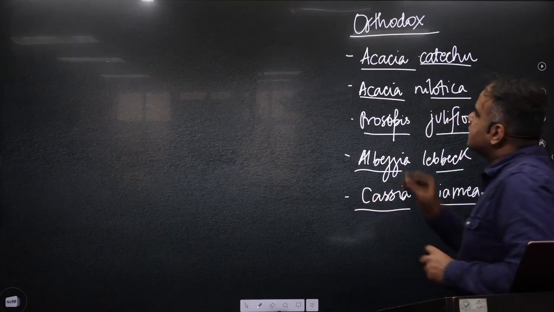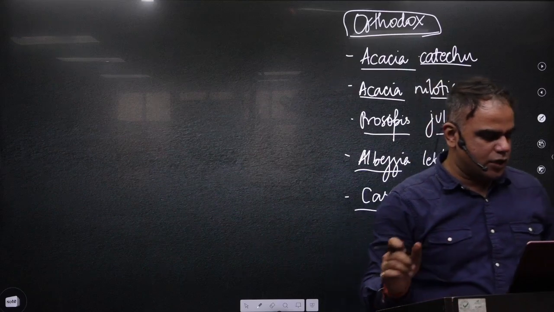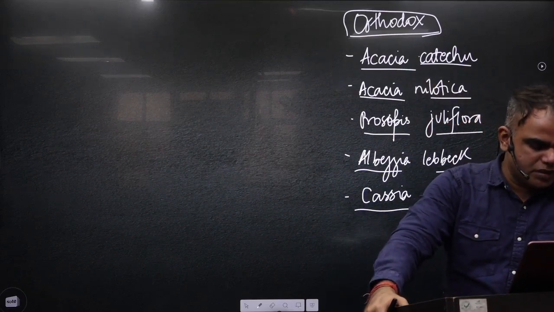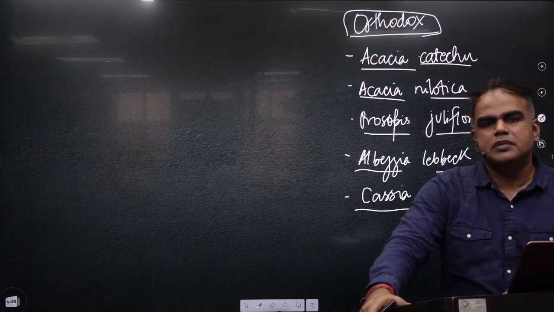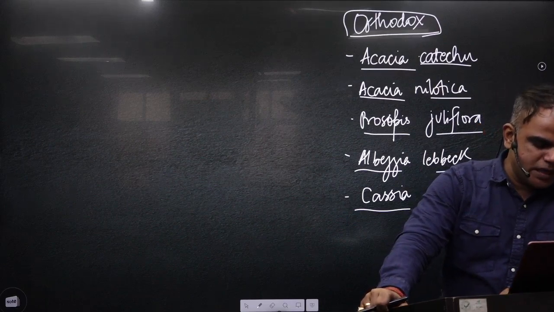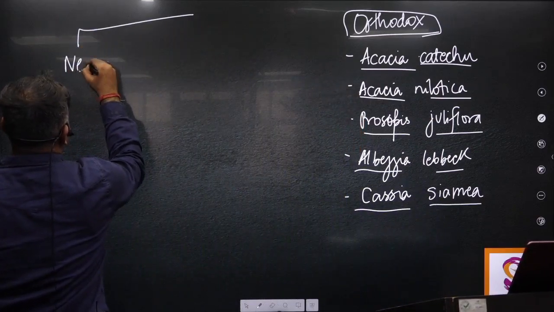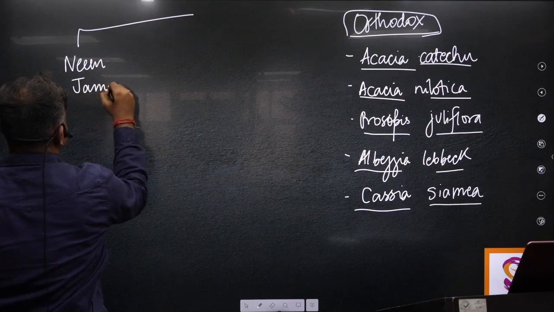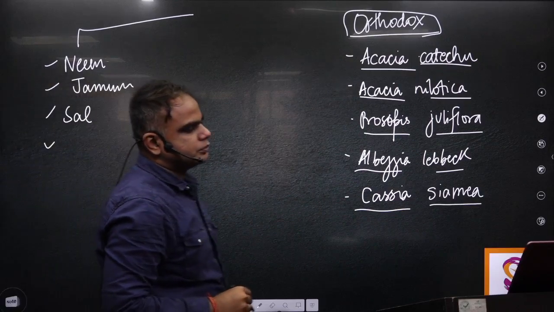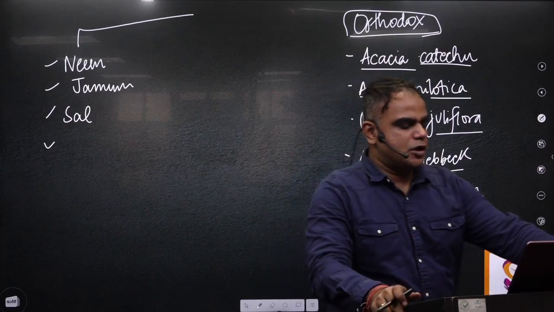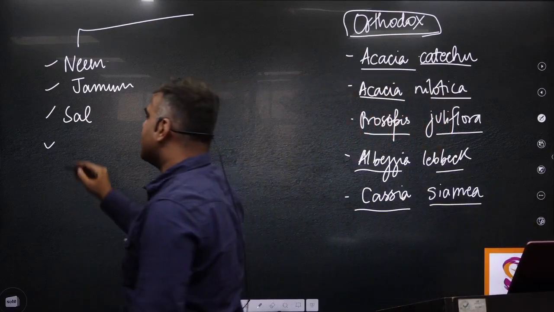These are the orthodox species, whereas the recalcitrant species, which I'll just tell you, include Azadirachta indica, Jamun, that is Syzygium cumini. So I'm just writing it here: neem, Jamun, Sal, that is Shorea robusta. We can even include Dipterocarpus turbinatus, and mango. Mango is Mangifera indica.